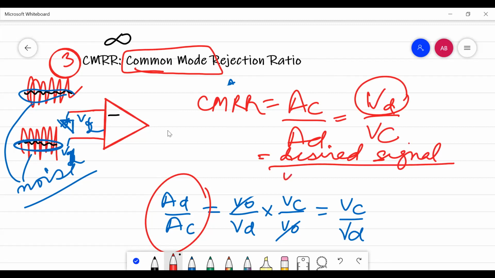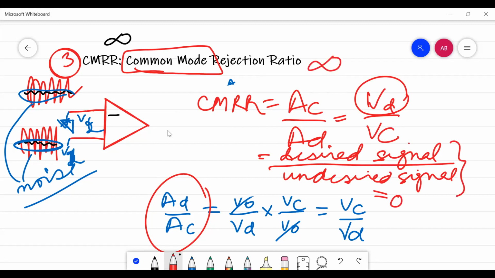Ideally the undesired signal should be equal to 0, which makes the CMRR ideally infinite. The desired signal amplification should be maximum. It should be able to take this desired signal out of the noise that is being given to both terminals of the op-amp.